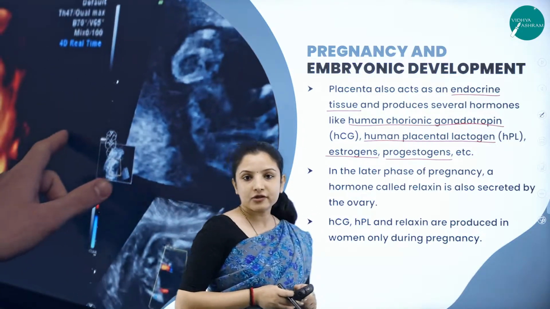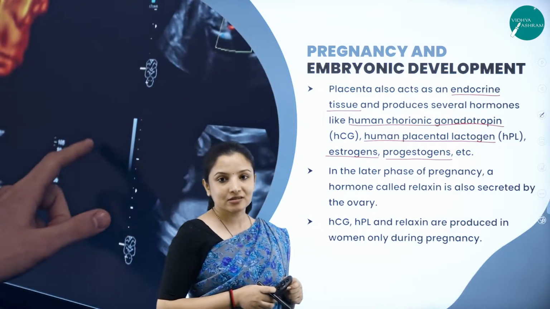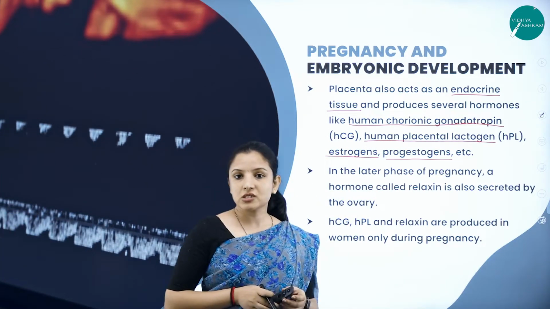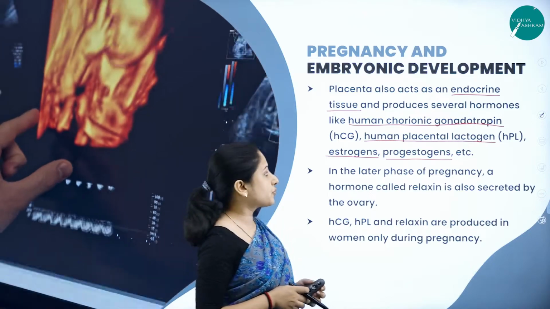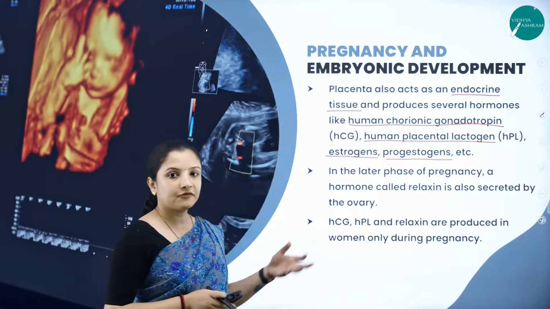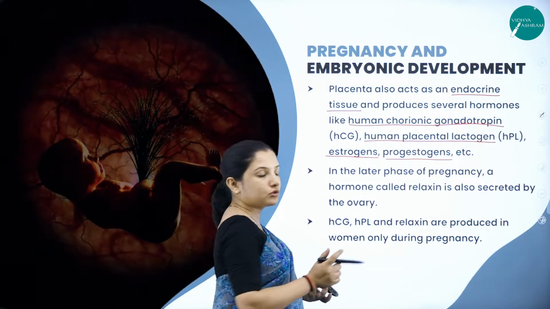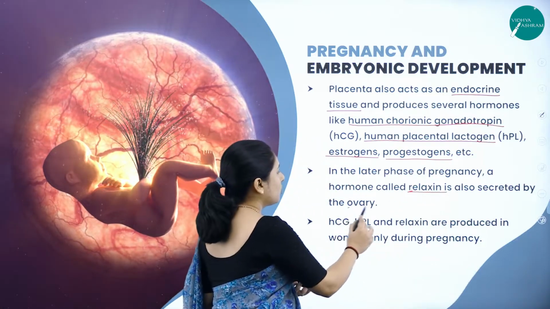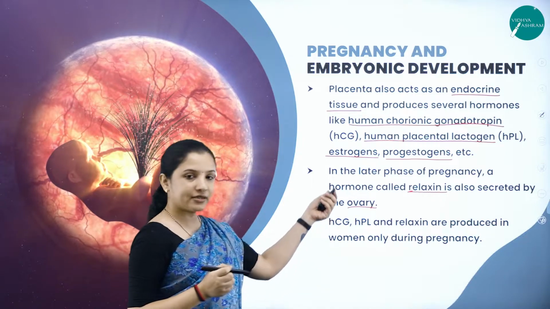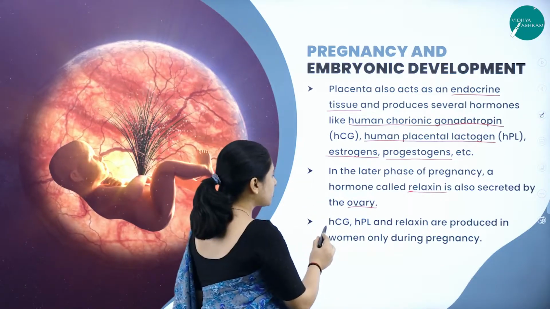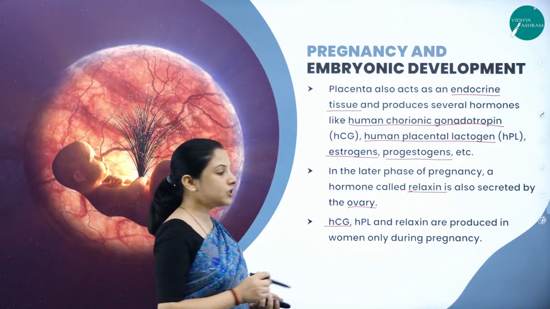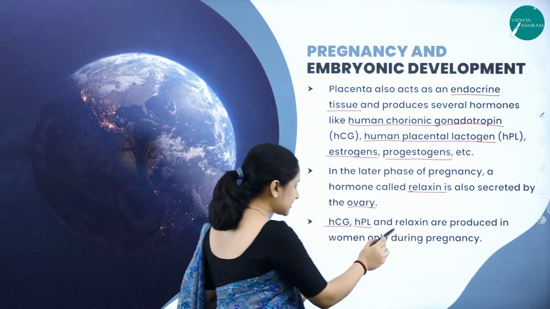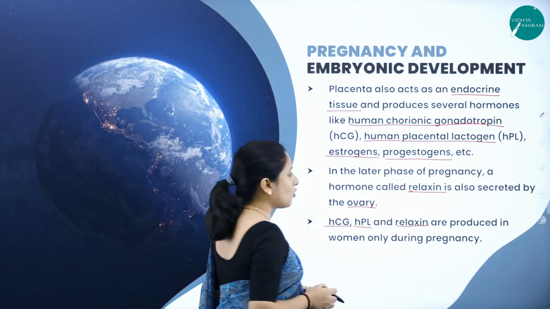So therefore, one more function of the placenta is to secrete certain hormones, that is the HCG, the HPL, the estrogen and the progestogens. And in the later phase of pregnancy, a hormone called relaxin is also secreted by the ovary. The human chorionic gonadotrophin hormone and the human placental lactogen hormone are secreted by the placenta, whereas relaxin is secreted by the ovary.